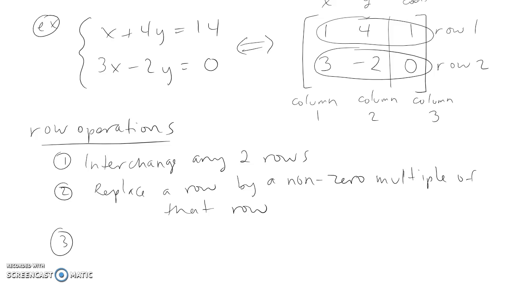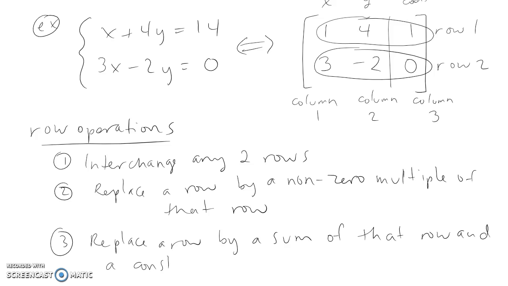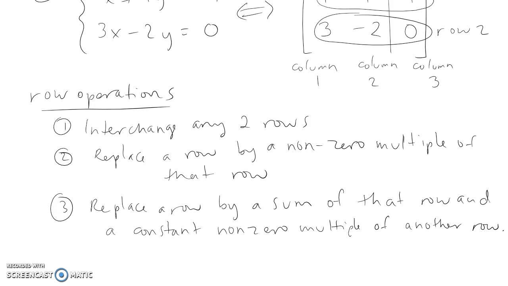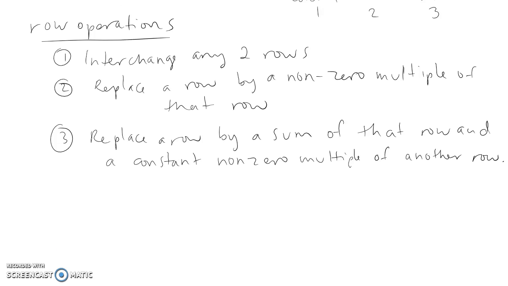And you can replace a row by a sum of that row and a constant non-zero multiple of another row. So these 3 row operations are analogous to the things that we did when we were eliminating.